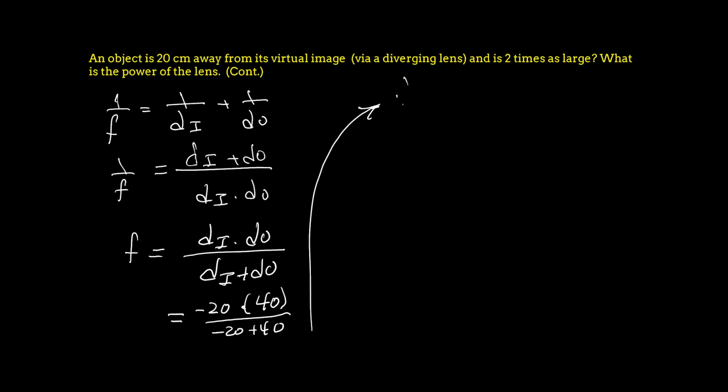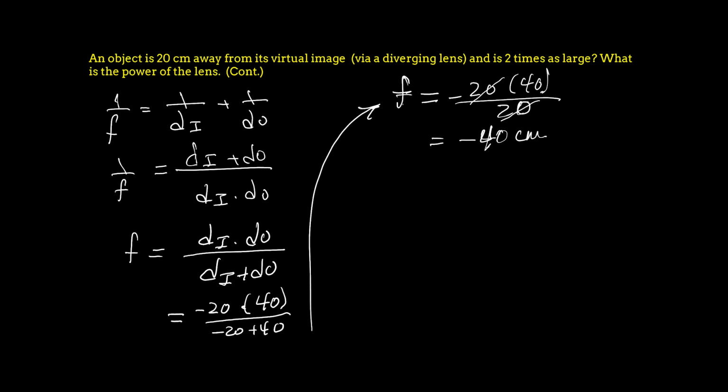So I have F equals negative 20 times 40 on top, and at the bottom, I got a 20. Right? Negative 20 plus 40 leaves me with 20. The 20s cancel out, leaving me with a negative, and this is 40 centimeters. So F is negative 40 centimeters. So basically, F and the object sit on top of each other.